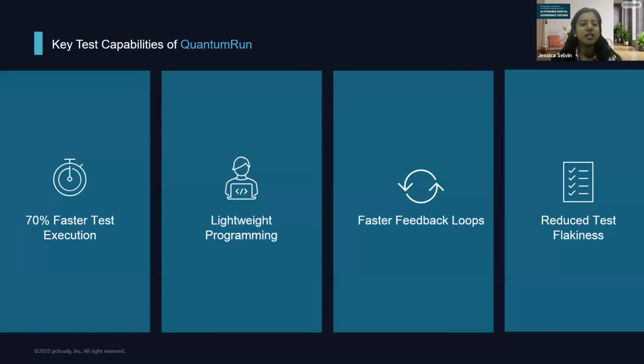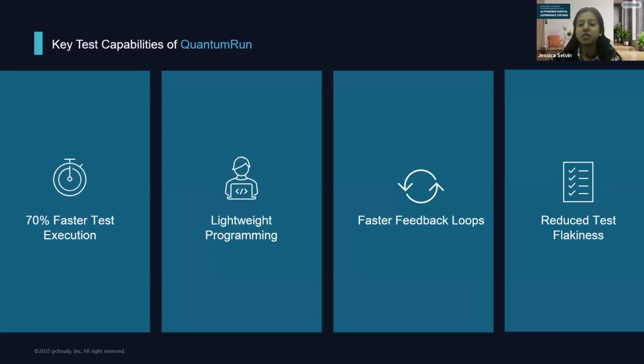So what are some of the key capabilities of QuantumRun? As I mentioned, 70% faster test execution. This is something we have observed directly, running typically versus running with QRun, 70% faster test executions on average. This comes from changing the topology of the execution, not just pushing harder on the grid. QRun packages your suite and runs it next to the devices and browsers, so it is not taking requests over the public internet.